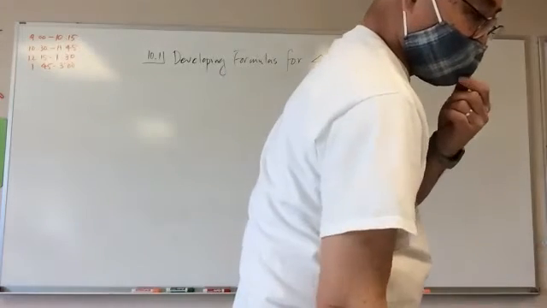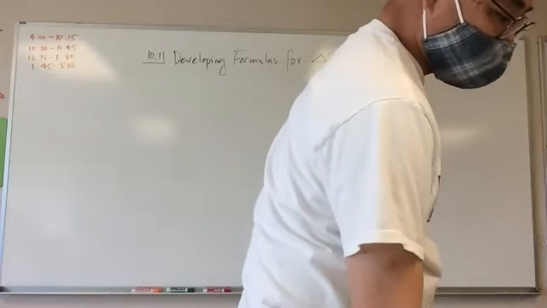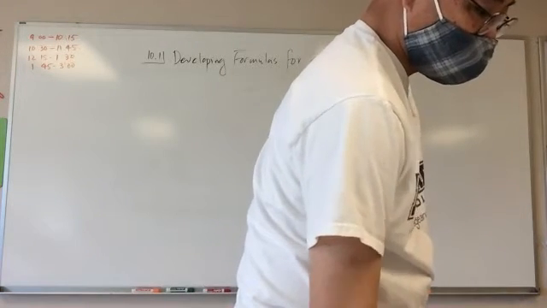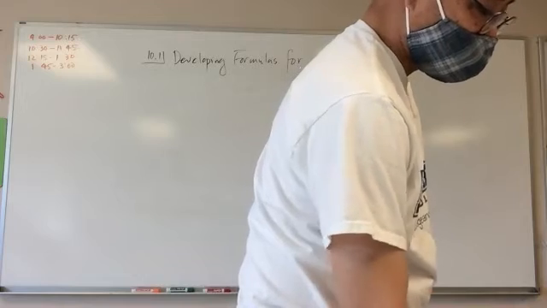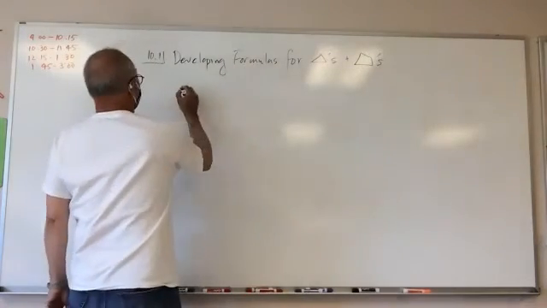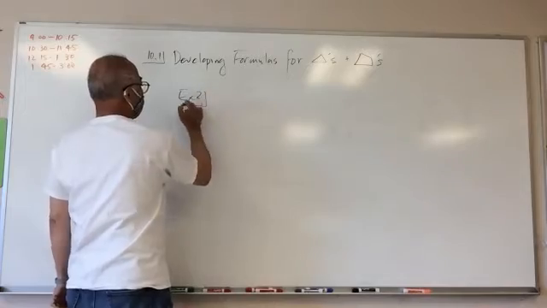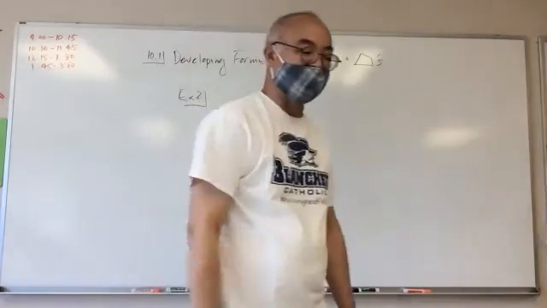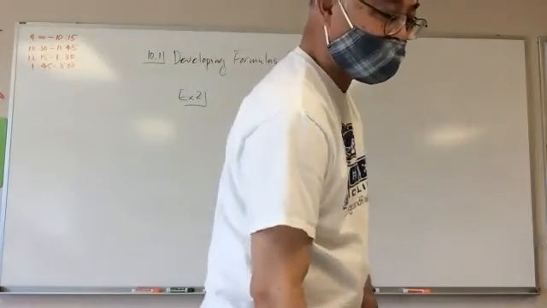Example number 2, finding the measures of a triangle, the area of a trapezoid in which B1 and B2 and H are given. So this is simply a plug and chug. You plug the numbers in, just go ahead and chug the answer out.